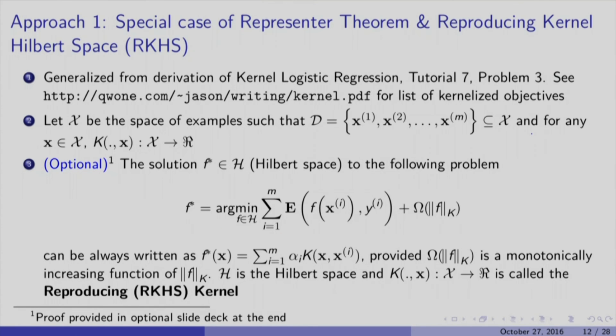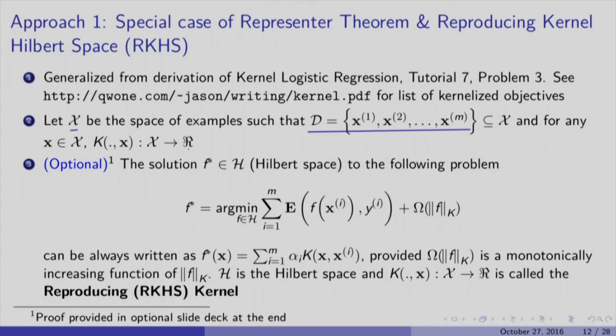So let calligraphic X be the space of examples such that the data set forms a subset of this space, and let us say there is a function k that goes from the space of examples to real numbers. It basically takes a pair of examples and outputs a real value.